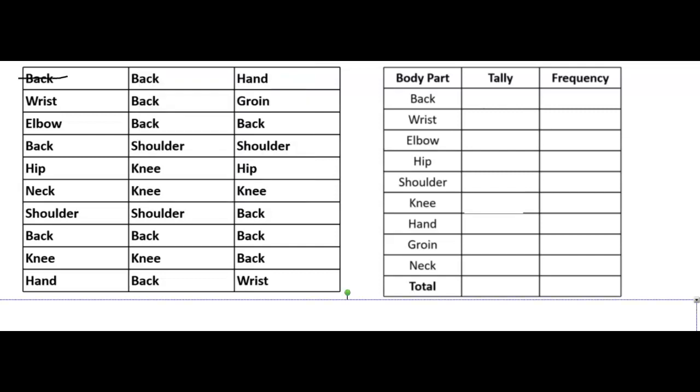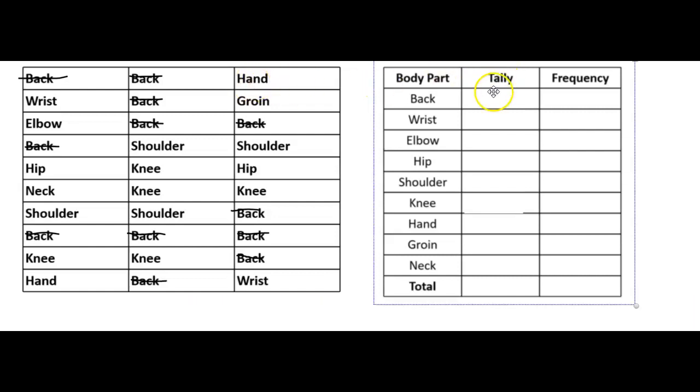So we have 1, 2, 3, 4, 5, 6, 7, 8, 9, 10, 11, 12. So we have our tallies, and so we should get 12, therefore the frequency is 12.